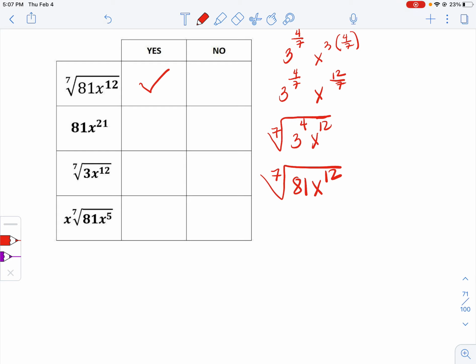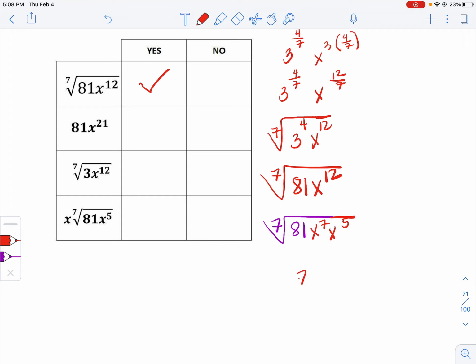Is there anything that we can do? Can we still simplify? It looks like we can simplify the 7 and the 12, right? So how many 7 are in the 12? There's 1. So I could simplify that further by saying, oh, this is the 7th root of 81, x to the power of 7, x to the power of 5. Does that make sense?